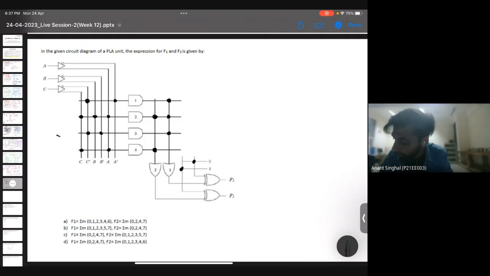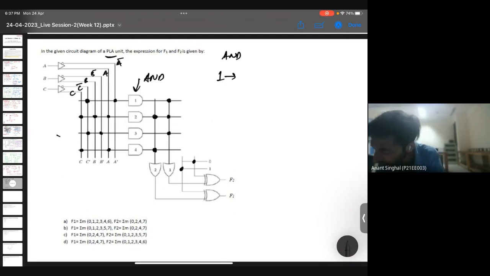Okay, so let me try to do it. So these are the AND gates. These are the OR gates. So I'll write the output of the AND gates first. For the first AND gate, we know that these and these. So this is A bar, this is A, this is B bar, this is B, then this is C bar, this is C. So the output of the first AND gate will be A bar C bar.